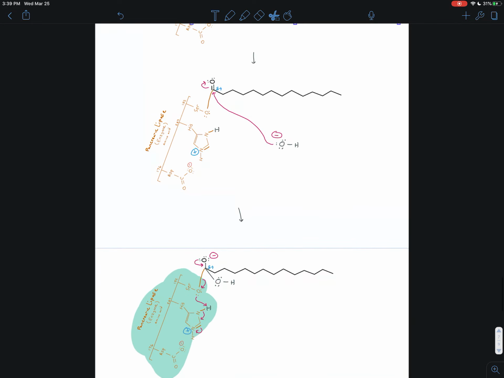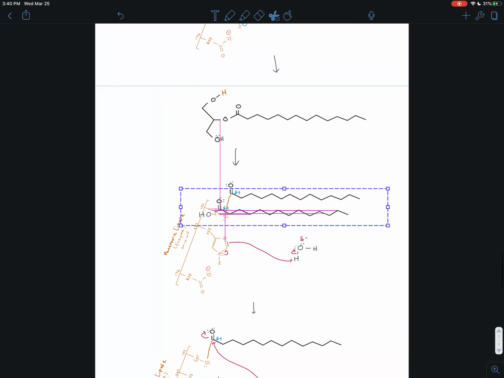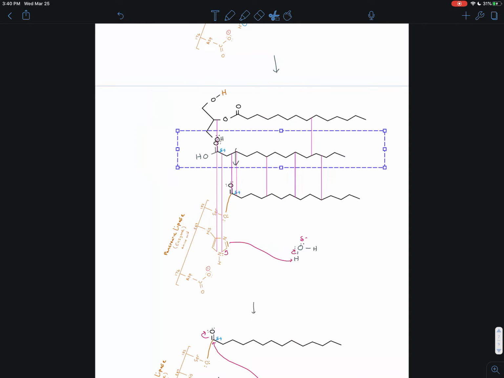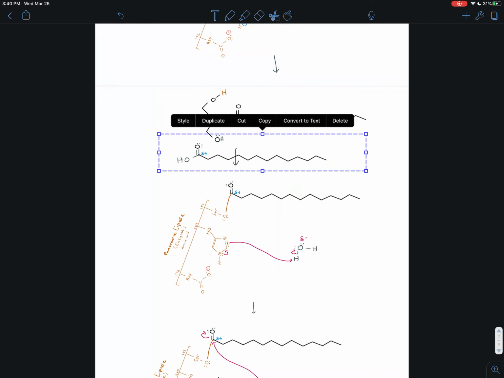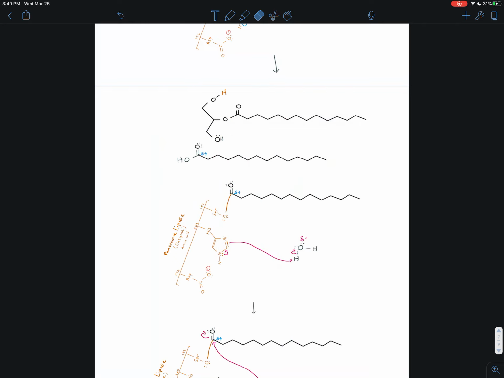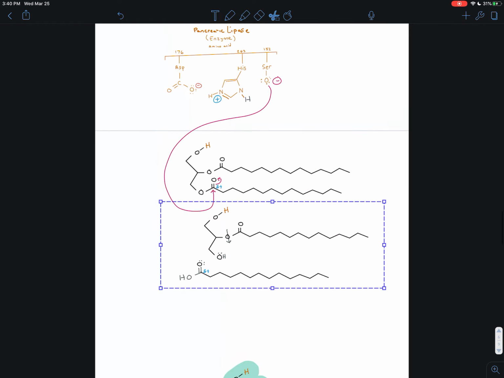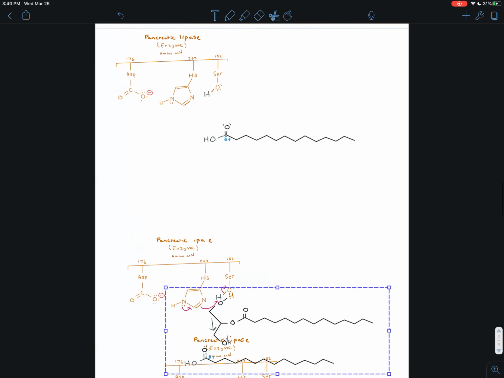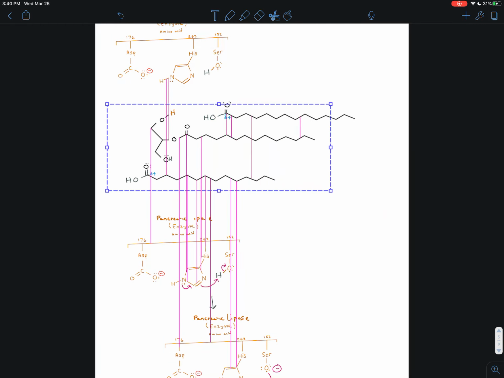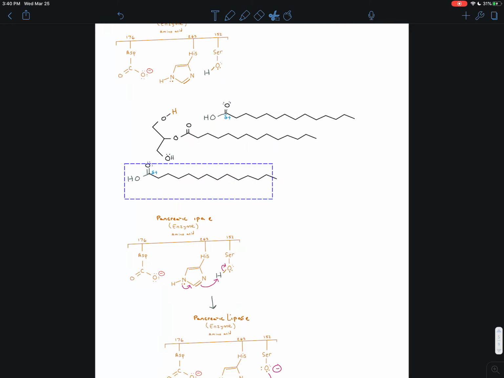We have the monoacylglycerol here. And if we go up even more, we have the first fatty acid that we released.